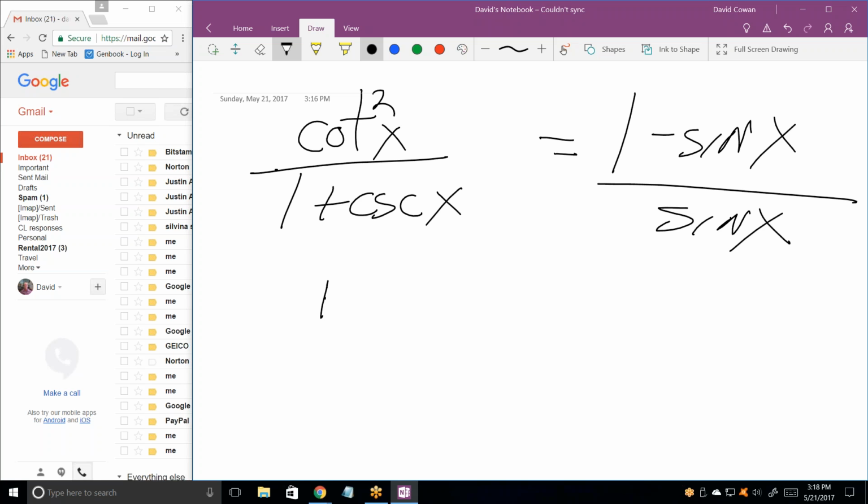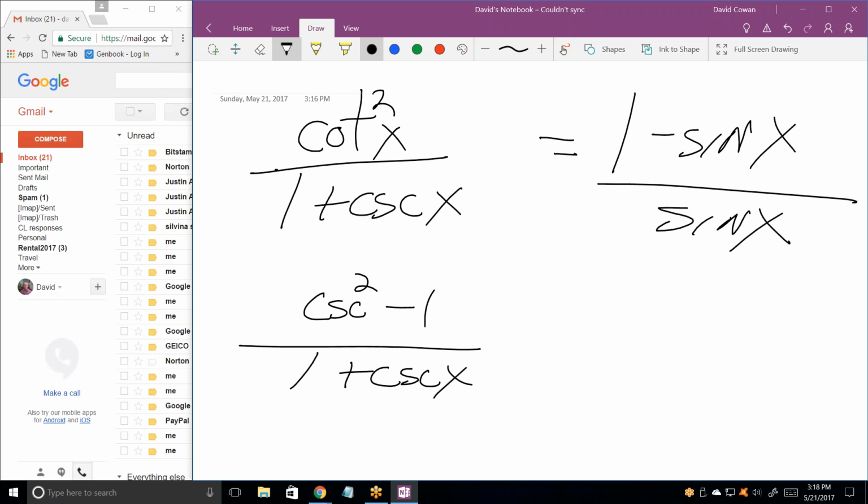Let's examine a couple steps. That would be cosecant squared minus 1 in the numerator, correct? Yes. And then the denominator, I got that. Now the numerator becomes cosecant minus 1 times cosecant plus 1. Well, the 1's cancel. That cancels. That's what I'm left with.